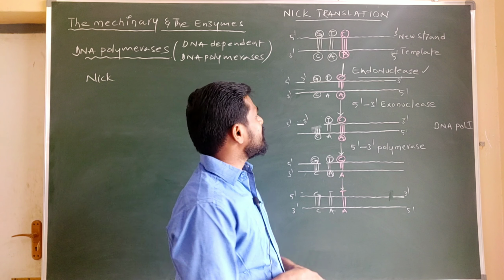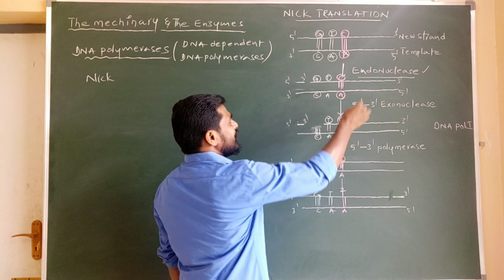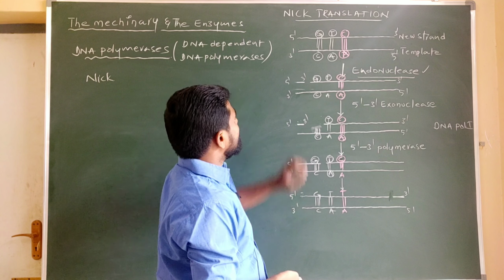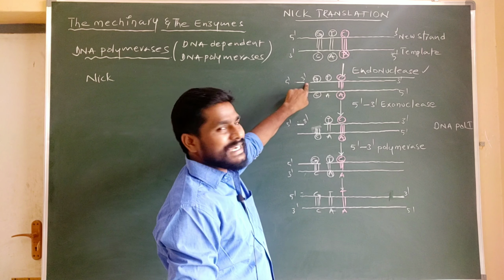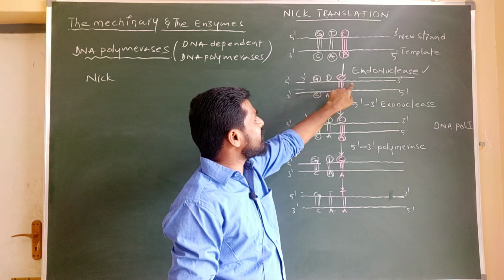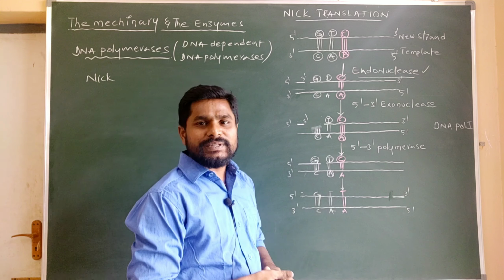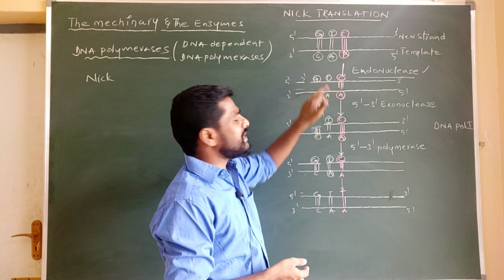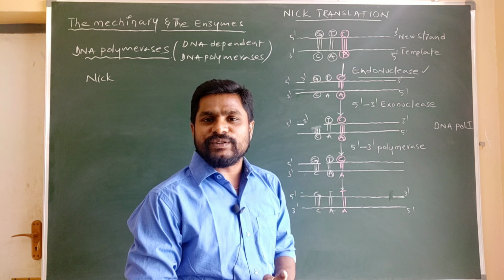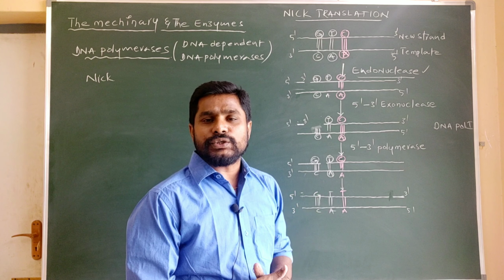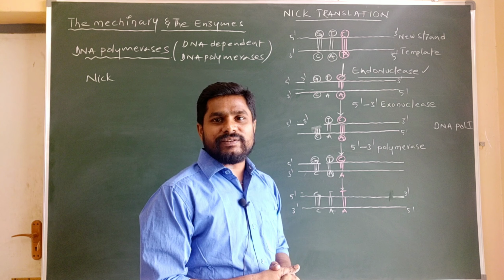Let us see what happens first. These endonucleases, in the process of DNA repair, first form a small nick on the daughter DNA strand, or newly synthesized strand, just before the mismatched base pair by a distance of a few nucleotides towards the 5' end, and thereby it produces two strands of daughter DNA.